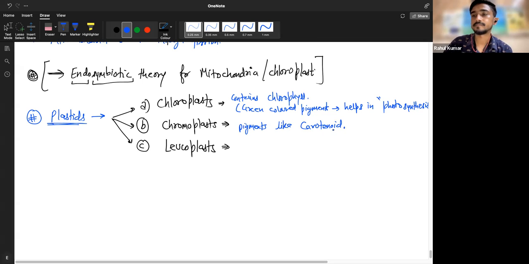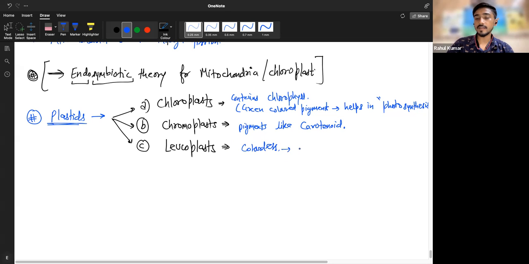Carotenoids? In carrots. That's why they are called carotenoids. They are non-green pigments, orange, brown, blue, all these sorts. Leukoplasts are colorless. Okay, they do not contain pigment.